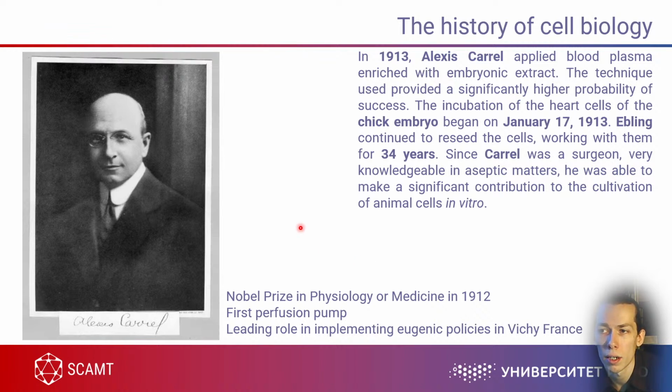So Alexis Carrel, a French scientist, not even a scientist, a surgeon, successfully used a chick embryo and some cells from this chick embryo. He used the cells from this chick embryo to reseed it. So it was like a first cell culture.